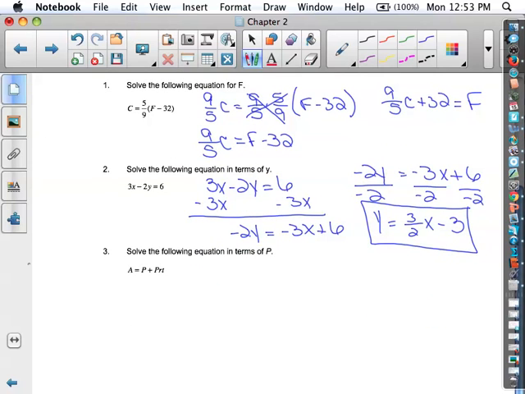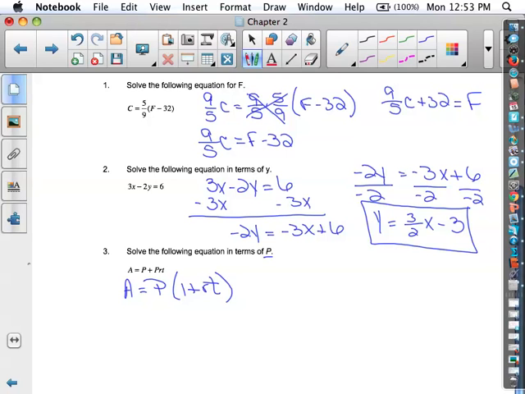Next, number 3 says, solve the following equation for p. When you look at this equation, you'll notice that p isn't just in one of the terms, as in the previous two. P is actually in 2 of those terms. So what you have to do is kind of the reverse distributive property, meaning you have to factor out the p. So this becomes a is equal to p times 1 plus rt.